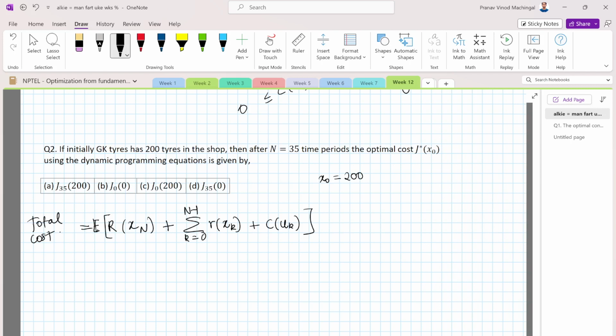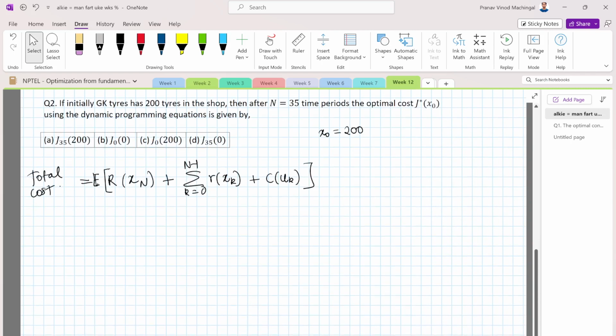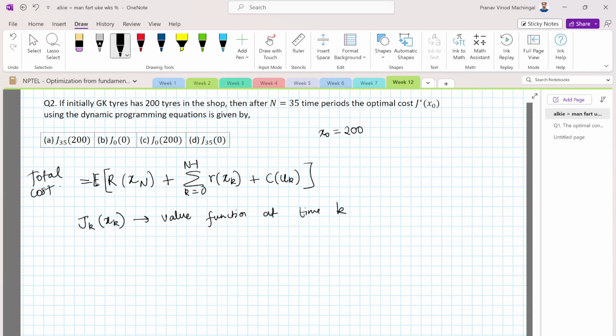So in dynamic programming, what you want to solve is you consider Jk of xk as the value function at time k, or the cost to go from time k, and you can call this the optimal.